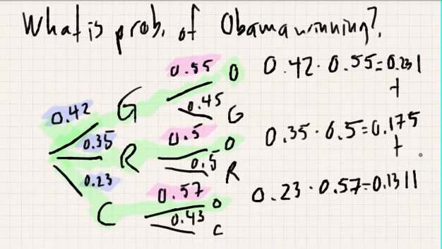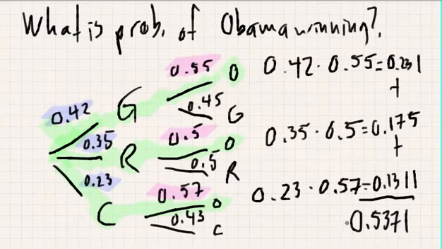We add these numbers all together, and what we get then is 0.5371. So there's almost a 54% chance of Obama winning according to these polls.